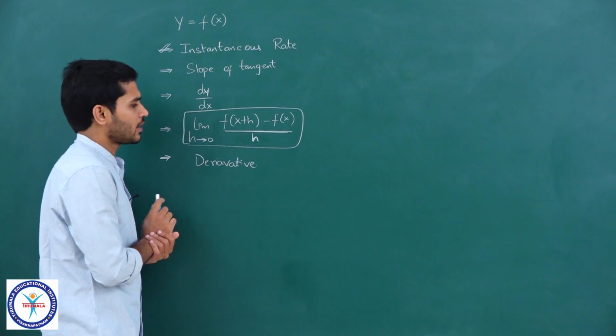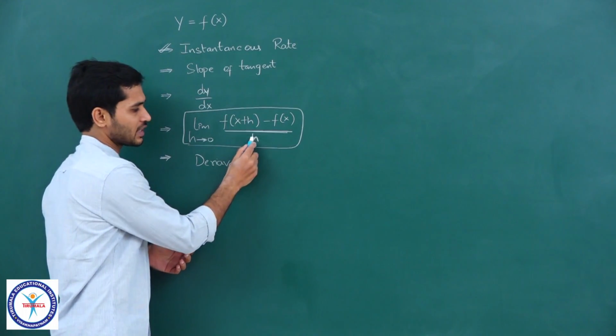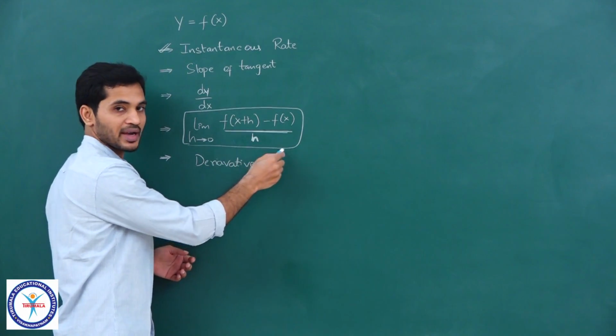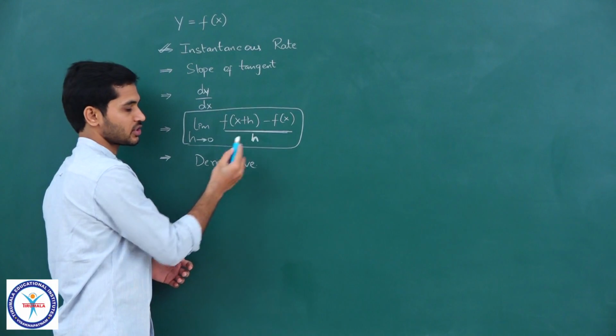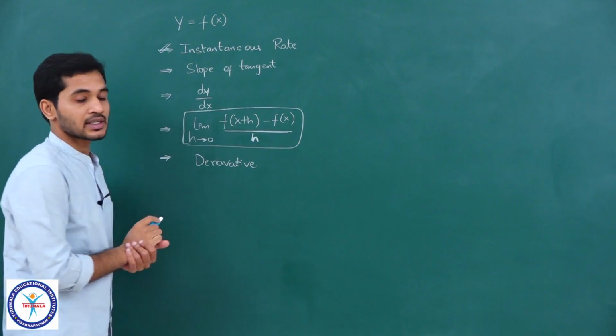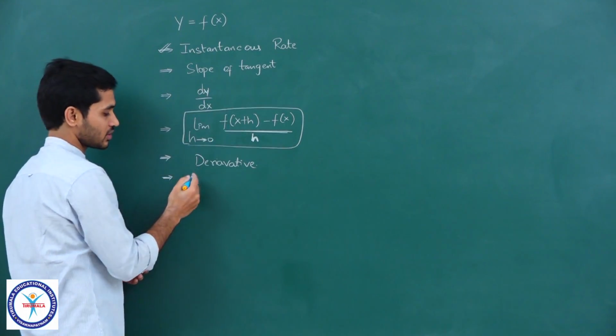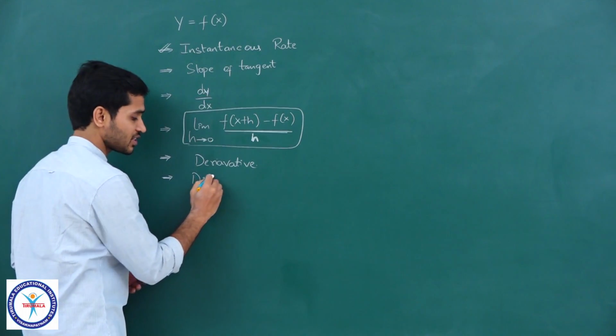In the denominator I have just written h, because it is nothing but x plus h minus x. So, it is just h, and it is also called a derivative, or this process of calculation is also called differentiation.